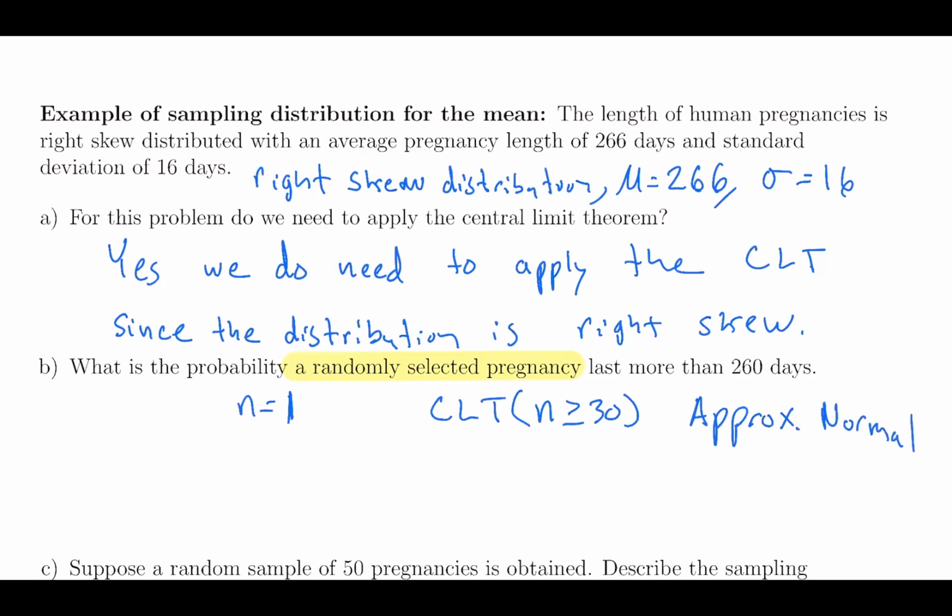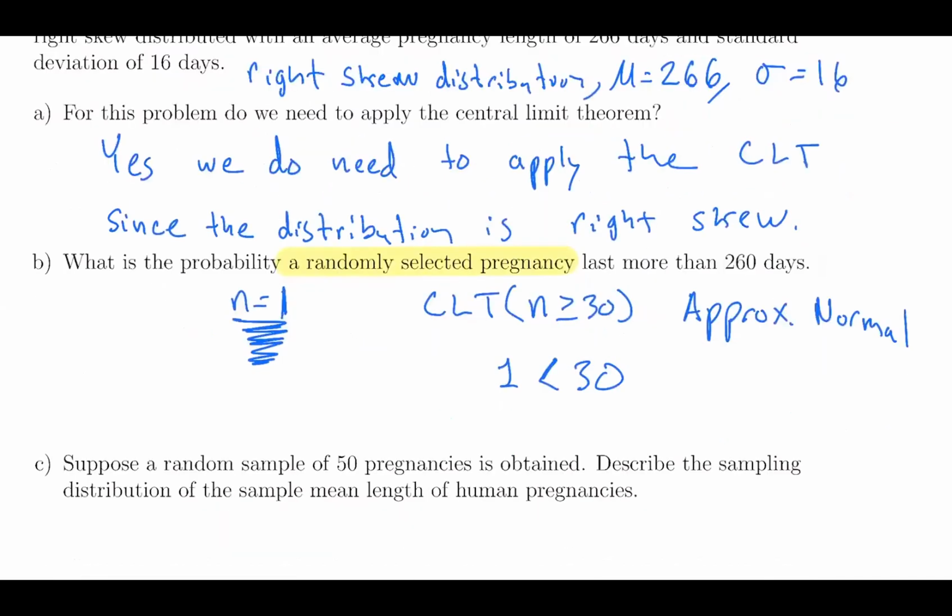But if n is equal to 1, in this case, 1 is smaller than 30. So for part B, we're not able to do it because we don't know if it is normal, well, approximately normal. So for part B, we can't do that problem. So we could just skip part B. Any question why we could just skip part B?